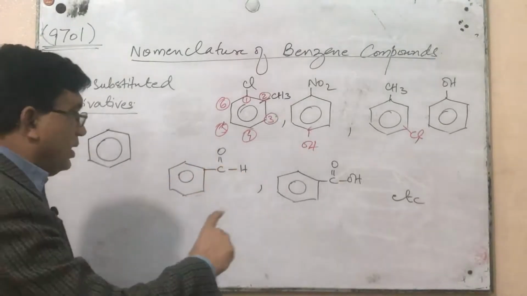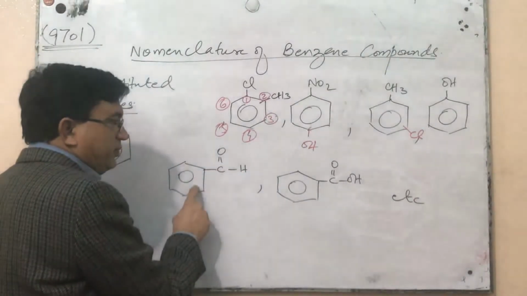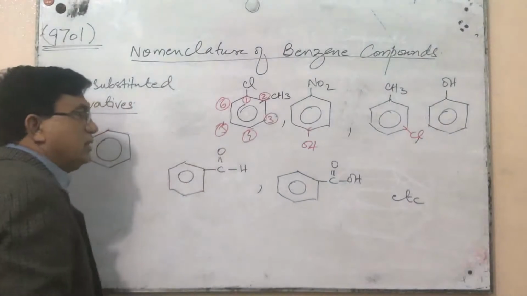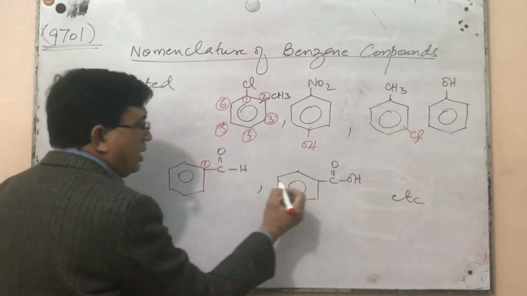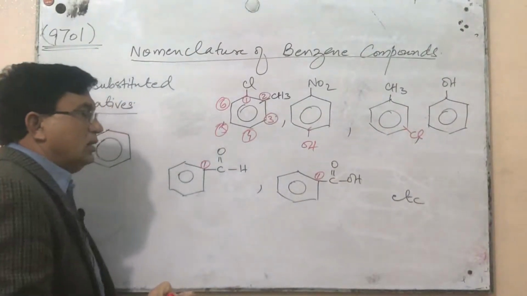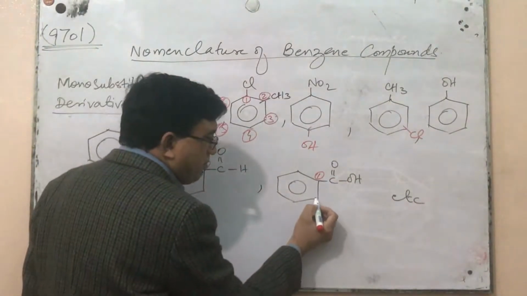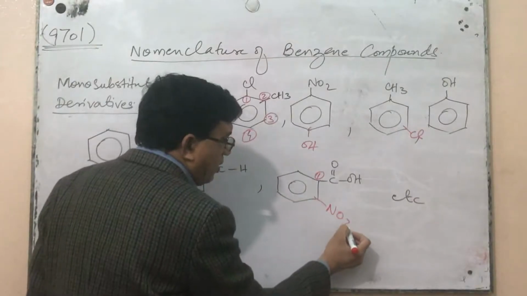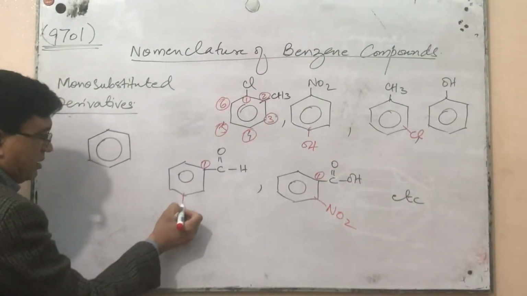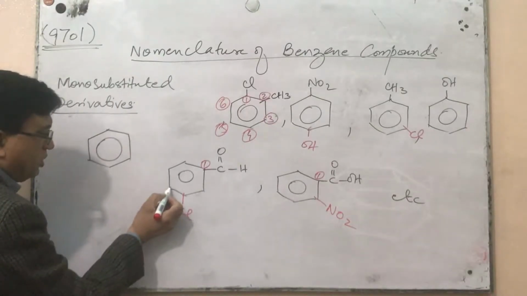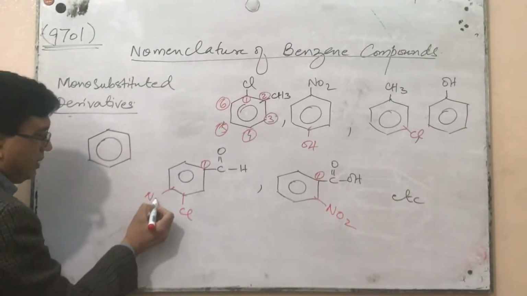But in both of these cases, these are the bulky groups. That's why these are also termed as number 1 already. Now, the second substituent might be here or might be here and also over here.